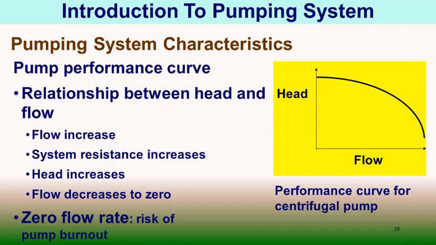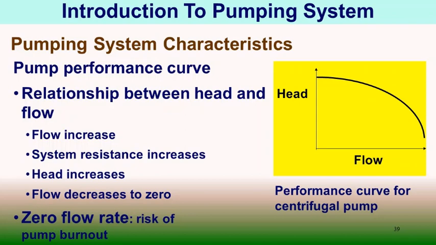So as the resistance of a system increases, the head will also increase. This in turn causes the flow rate to decrease and will eventually reach zero. A zero flow rate is only acceptable for a short period without causing the pump to stop working and burn out, churning.